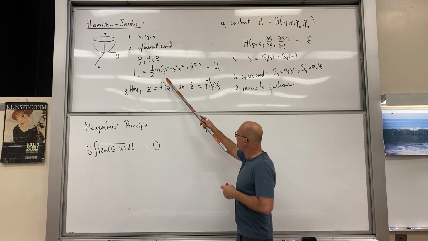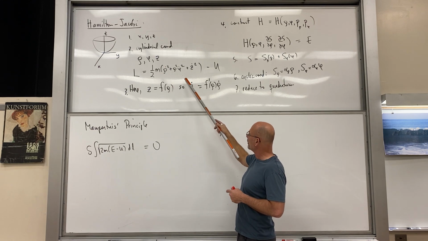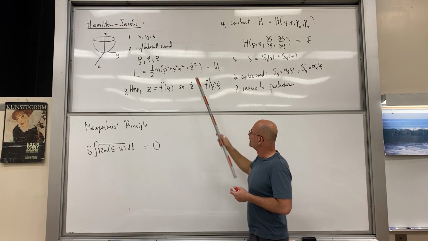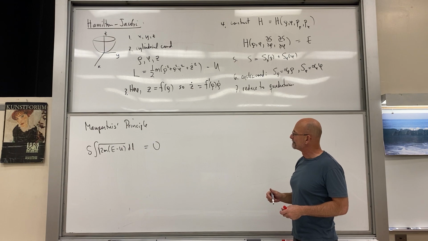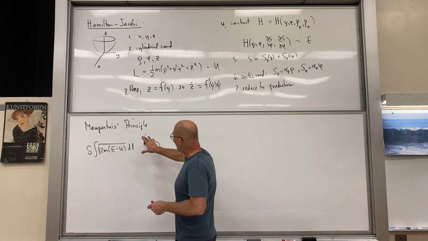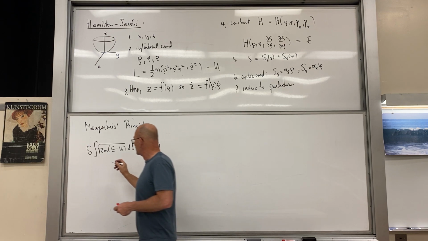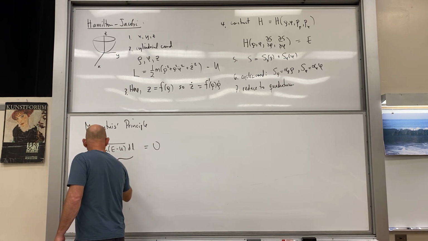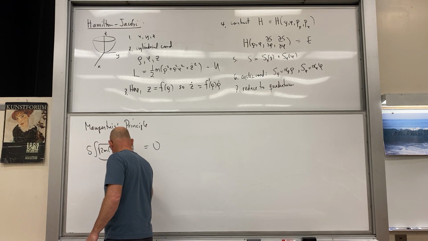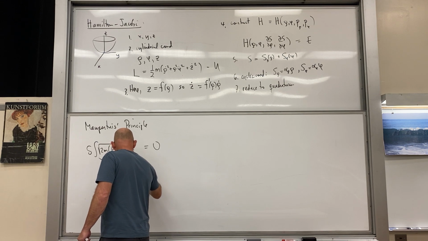So your dl is the square root of this thing right here, and when it's also been reduced to fewer variables, then because you have a variational principle, you end up with some f of q, q prime, and lambda.